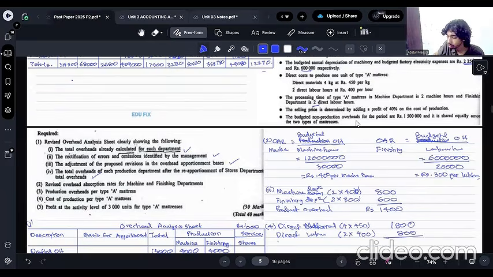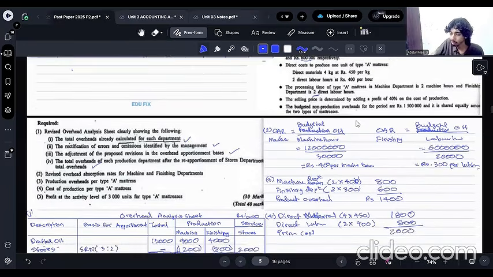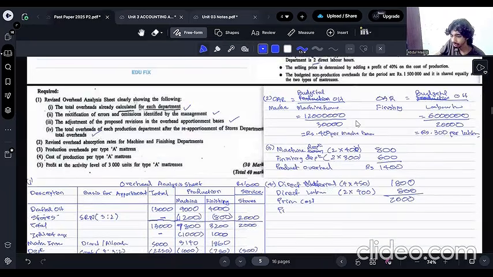Prime cost will be 1,800 plus 800, which is 2,600, right? So the production overhead we calculated in requirement 3, you can record it here and show it separately, 1,400.